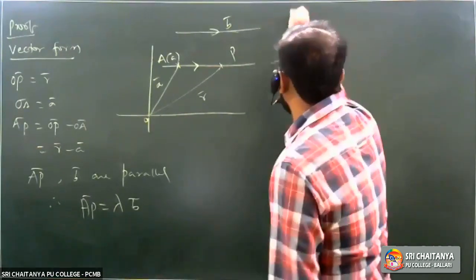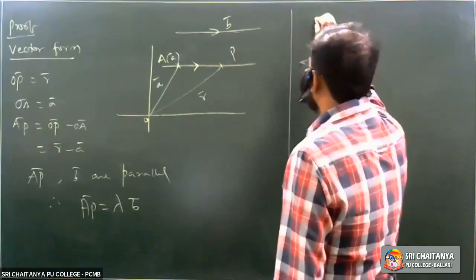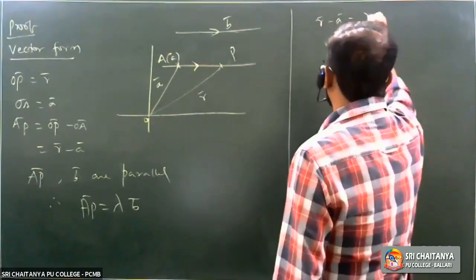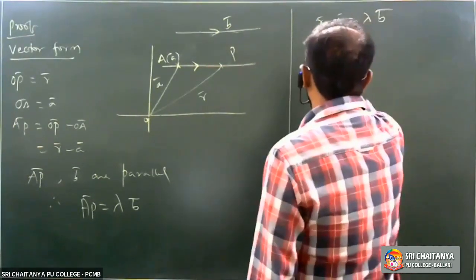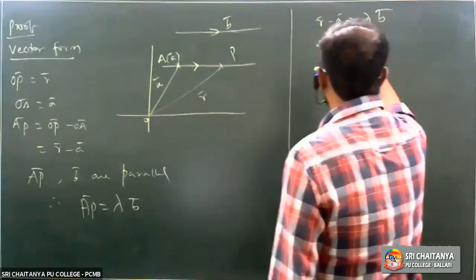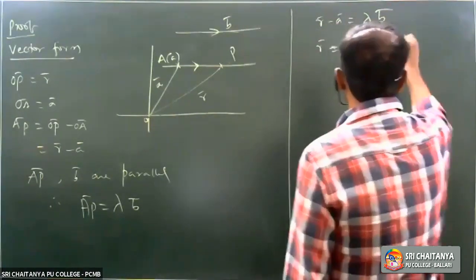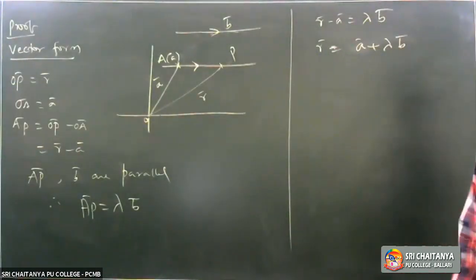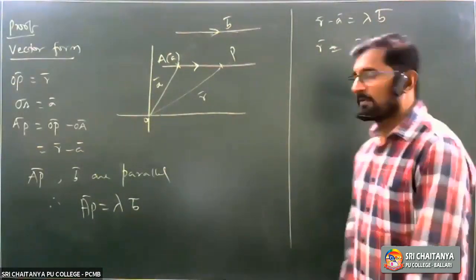Now what is AP bar? R bar minus A bar is equals to lambda B bar. R bar is equals to A bar plus lambda B bar, right? Okay, this is the vector equation of line.